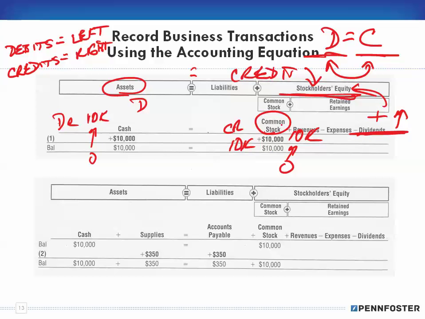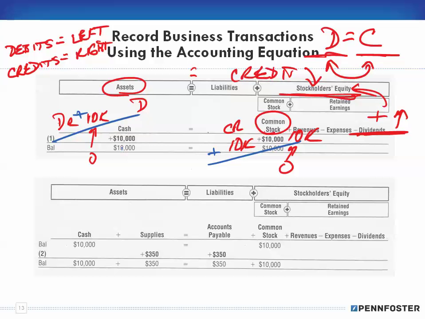Okay, so our increase went from 0 to 10,000 in our common stock. So I have a debit of 10,000 for cash, and I have a credit of 10,000, and it's a plus. Both of these are plus, okay, to common stock. So my entry balances because I have a debit of 10,000 and a credit of 10,000.